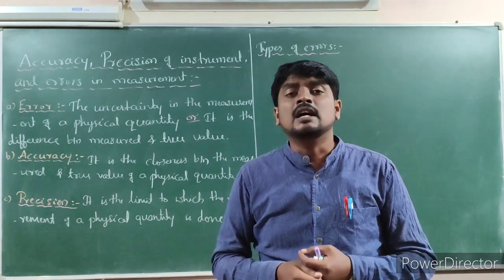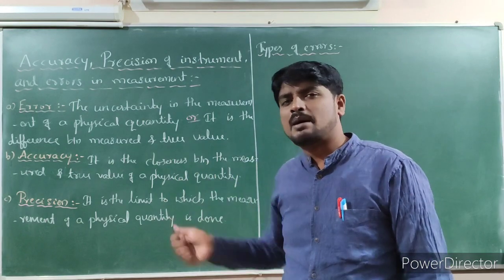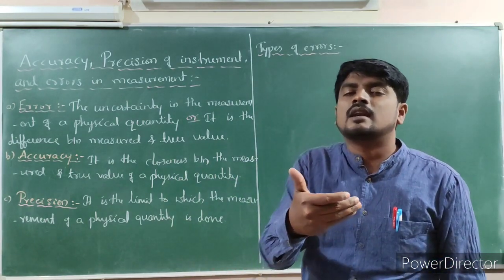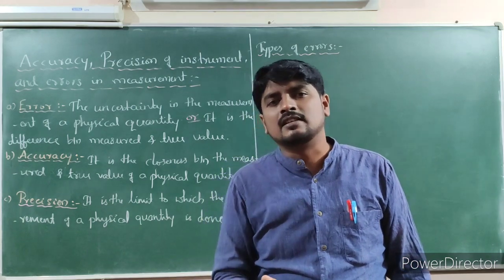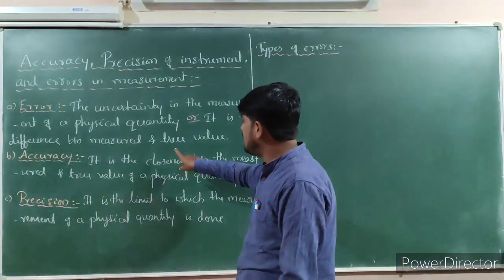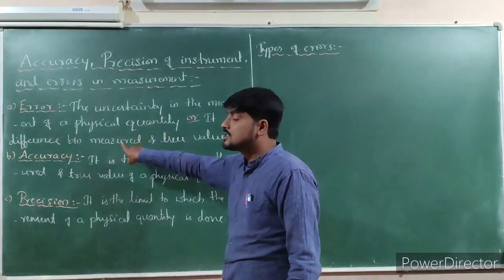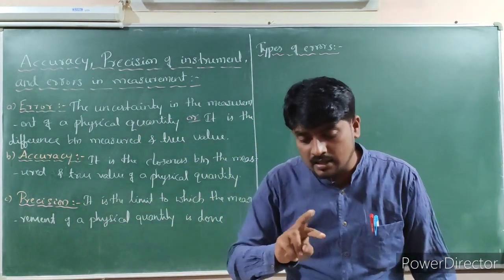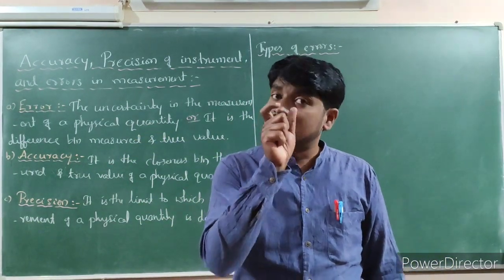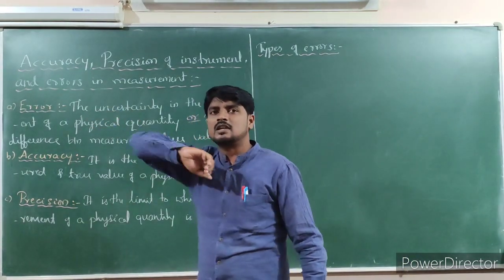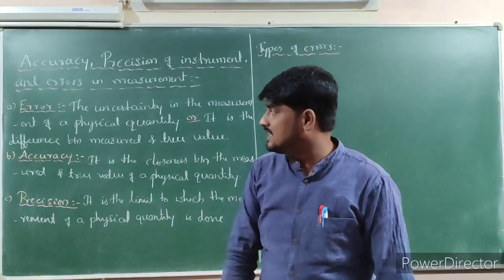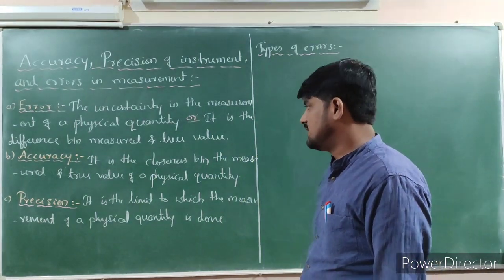You may get 9.6 or 9.7, or you may get 9.9 or 10. Look at this. The true value is 9.8, but the measured value is 9.7. Then take the difference, 0.1 meter per second square. That uncertainty itself is called what? Error.